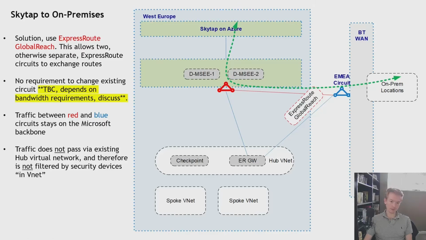You notice how that green line doesn't go anywhere near the customer's existing ExpressRoute gateway or firewalls, and the implication of that is any controls and features they had in the VNet do not apply to that green line. And we'll talk a bit more about the implications and the workarounds for that a bit later.